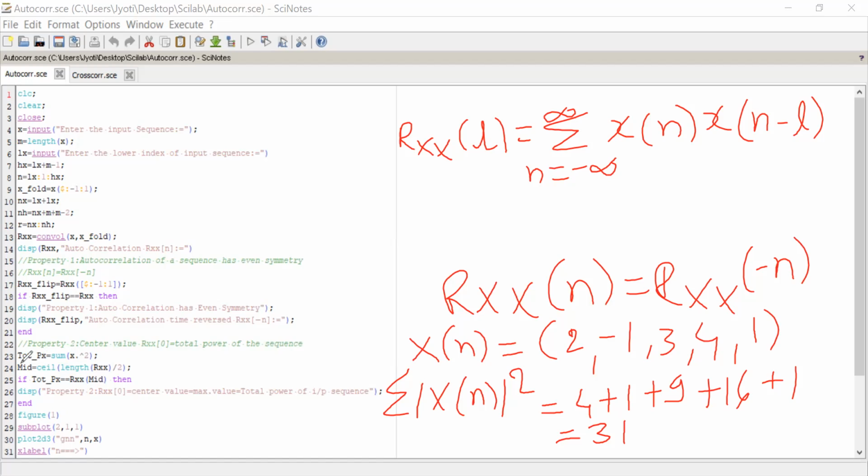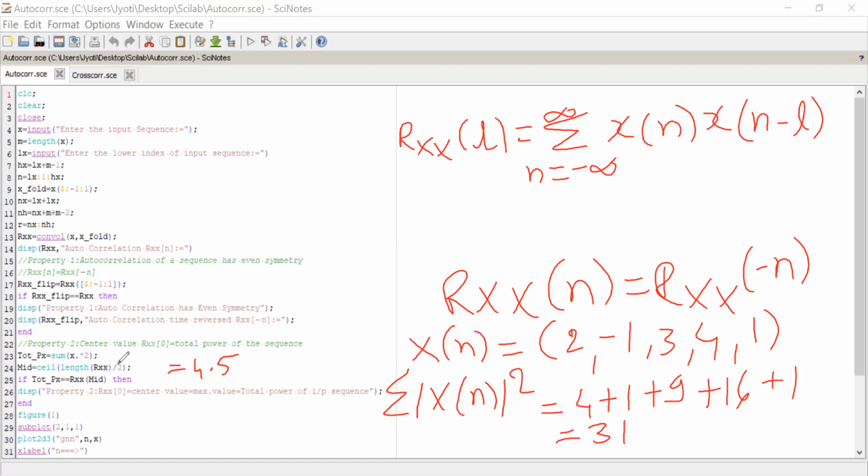For that we have calculated mid equal to CEIL of length of Rxx by 2. Whatever the length of Rxx you got, Rxx you have already calculated, you have to calculate its length and divide by 2. Suppose length of Rxx by 2 you get as 4.5.